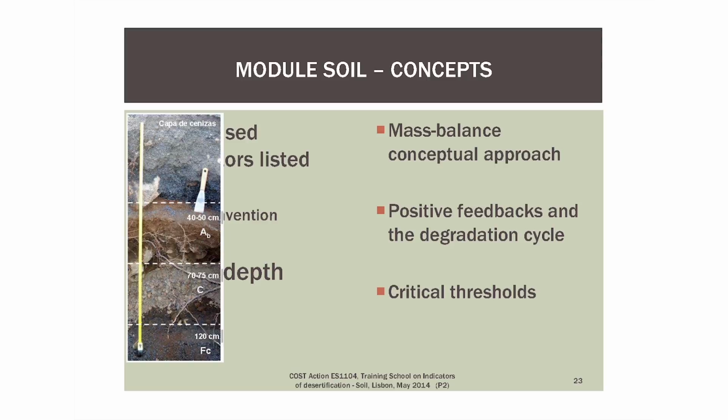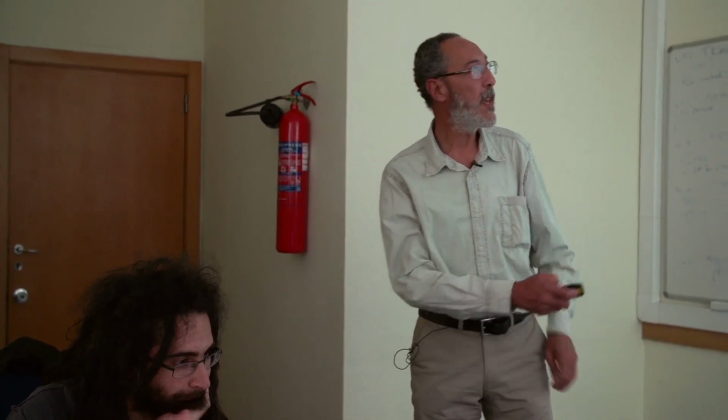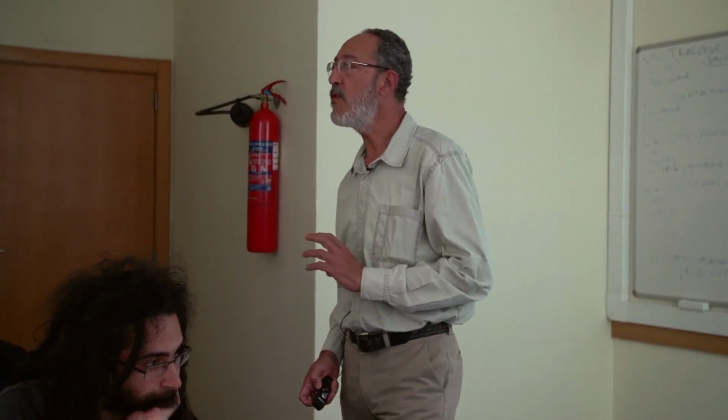Soil depth. Well, sometimes in English you will hear also thickness, okay? Don't worry, it's the same thing. Soil depth is the first one to come out when we talk about desertification. And why? Because we have in mind a sort of mass balance model when we think about this. What is the mass balance model?